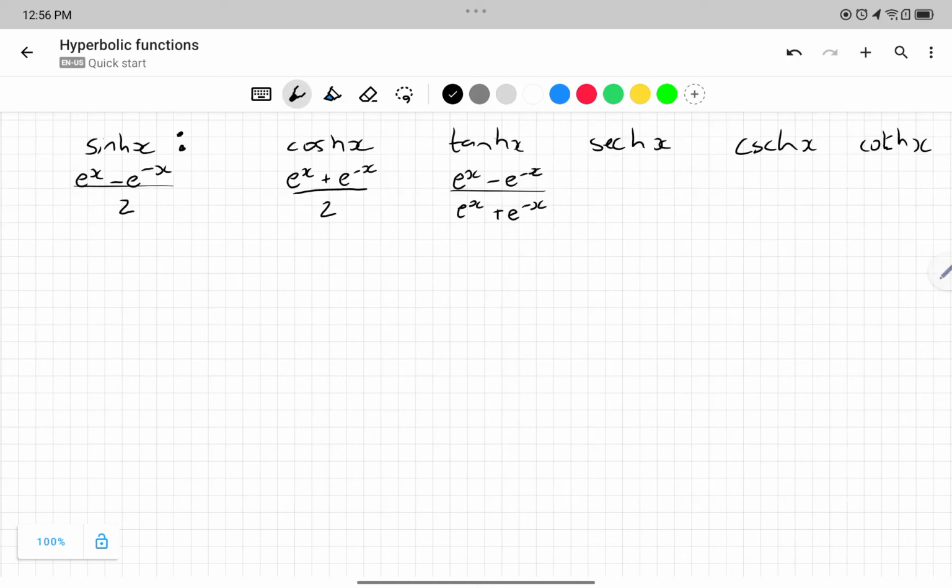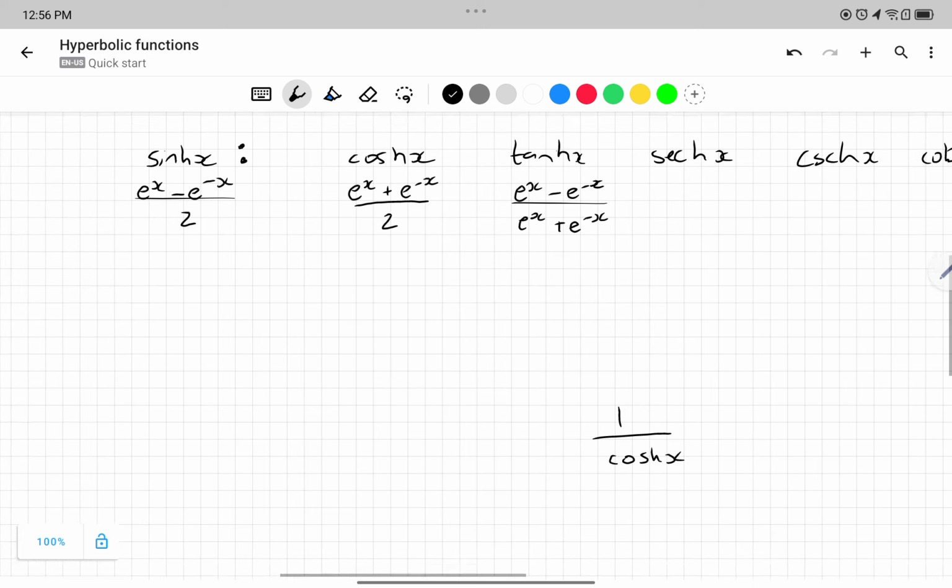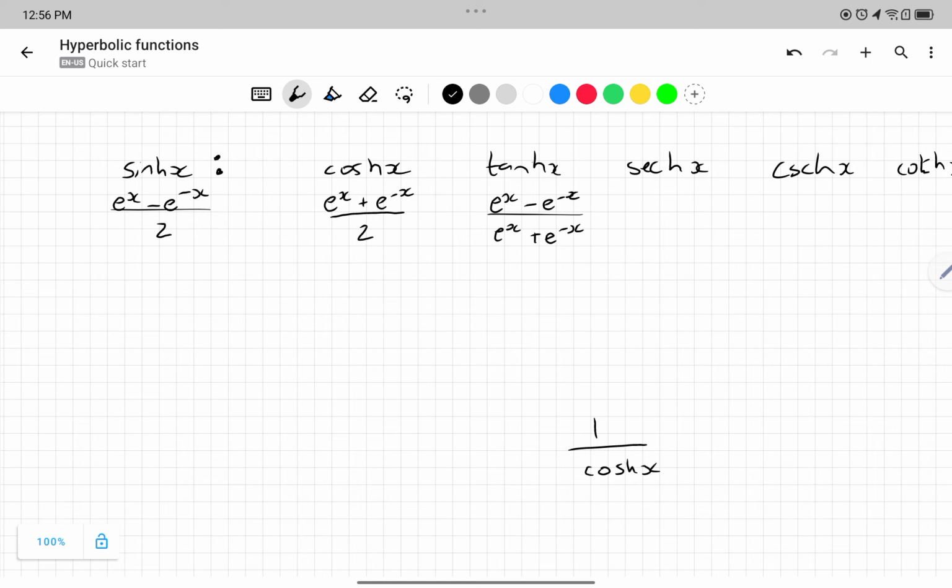Let me do it step by step. It's 1 all over hyperbolic cosine x. So this will give us 1 divided by hyperbolic cosine x, which is e^x plus e^(-x) divided by 2.